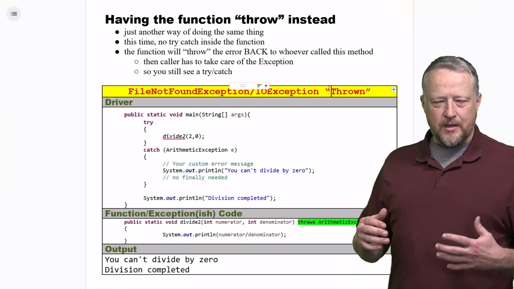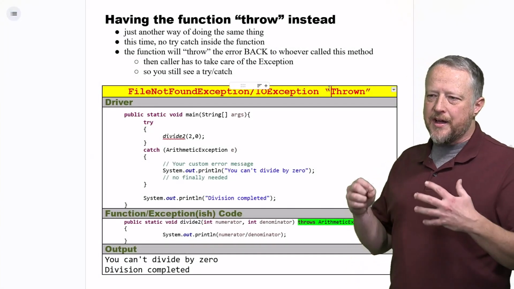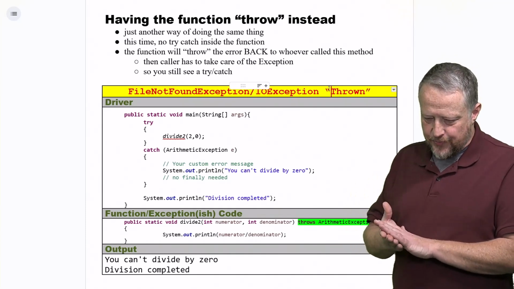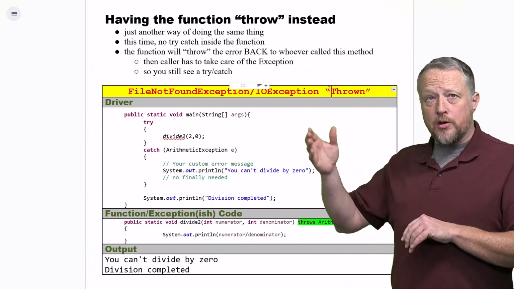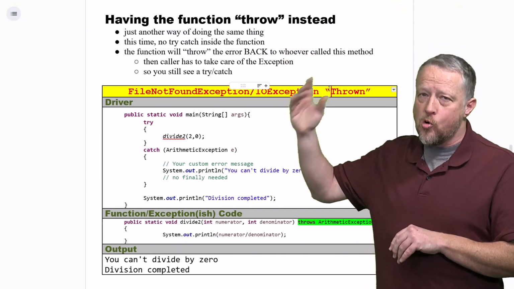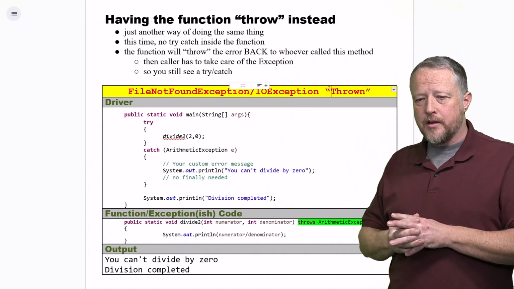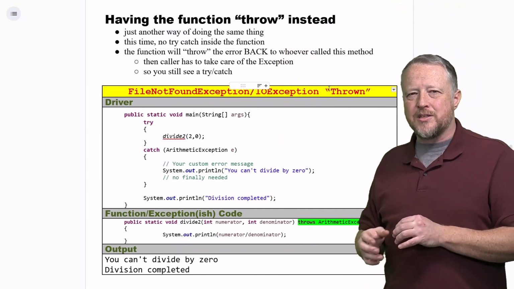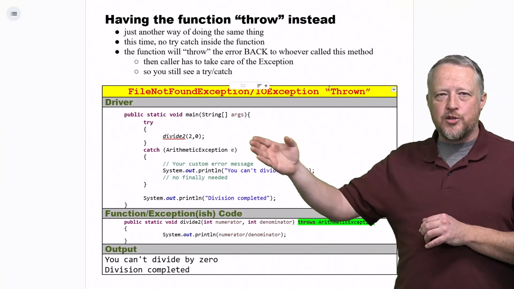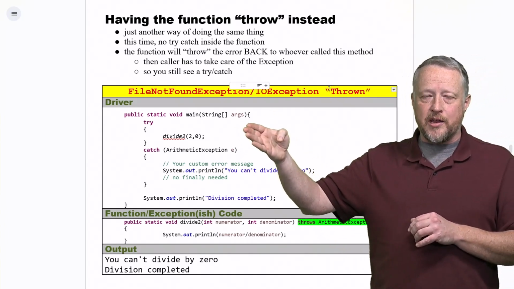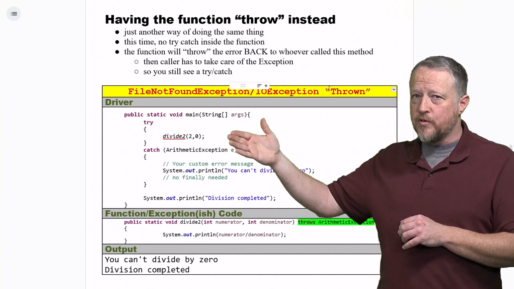So this one is another way of doing errors, and that's called having the function throw an error. What it means is instead of trying to do everything inside of the try, we send it to a function like we've done before.